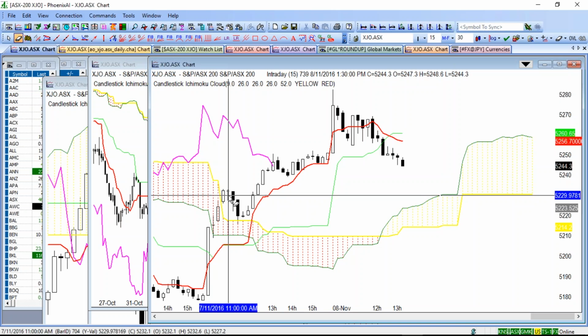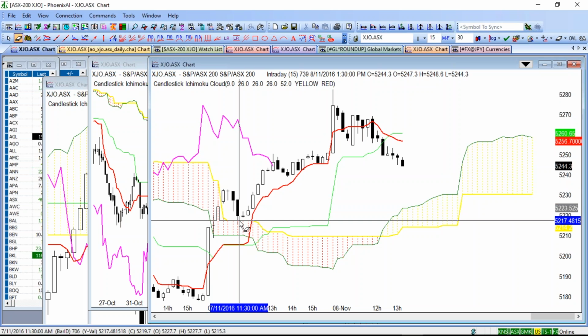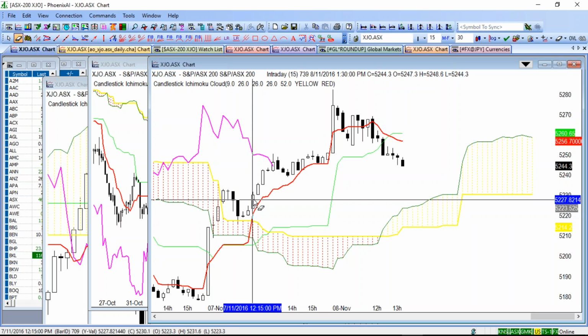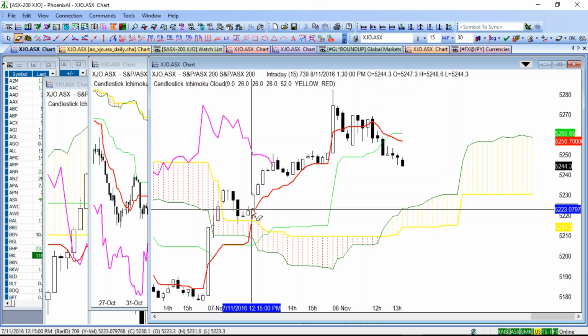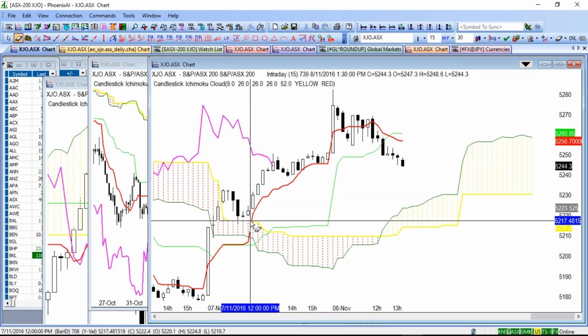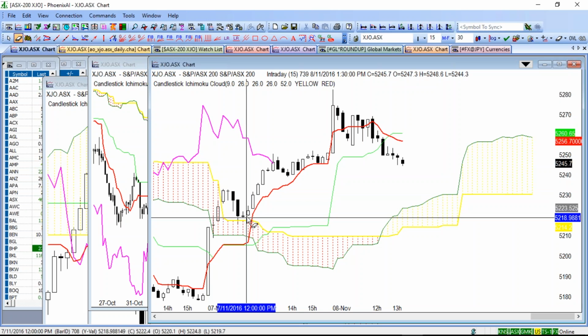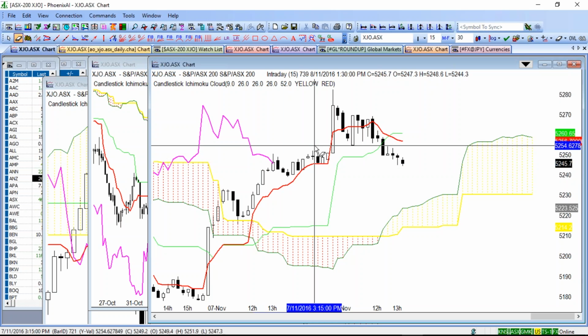So price breaks out, comes back and retests that support area, finds support in there with an inside period, and then a larger range and a larger range coming out of there. So the support was there on the Ichimoku element, and the price action confirmed that, and we're now starting to trend.